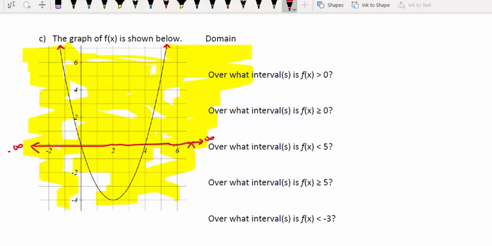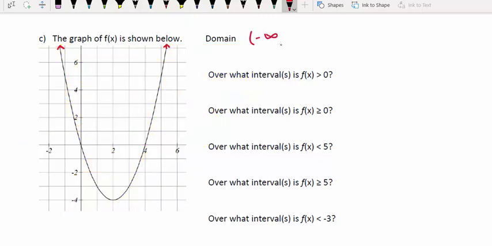Meaning any x value you gave me, like 6, I could go up and eventually find a point that hits that x value. You would just have to extend the graph in your mind far enough to convince yourself that it would eventually reach a point whose x value is 6, or 7, or 8, or 9, etc. So the domain is going to be all real numbers from -infinity to infinity. And again, you do not ever include infinity in your answer, and you indicate that by using parentheses.